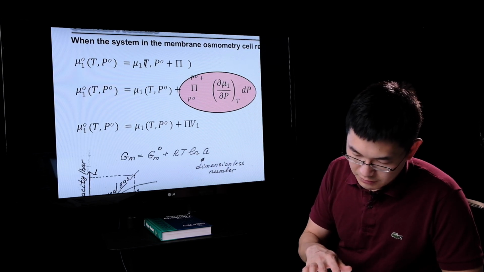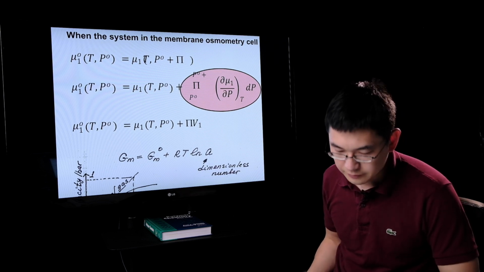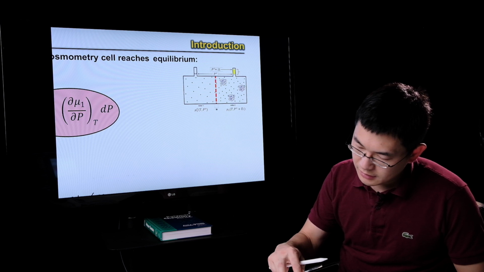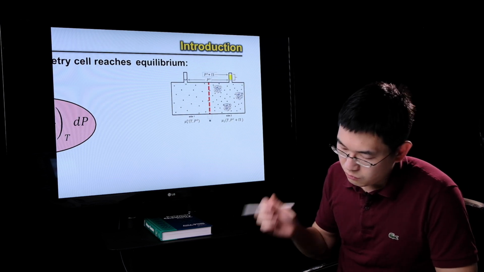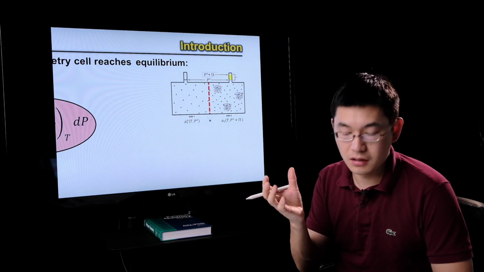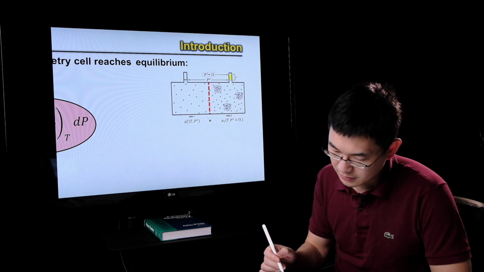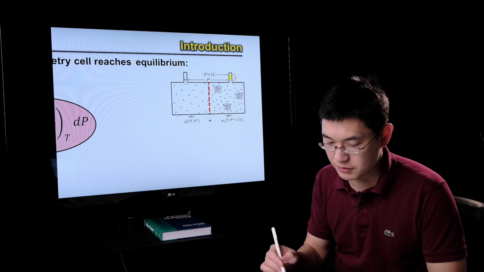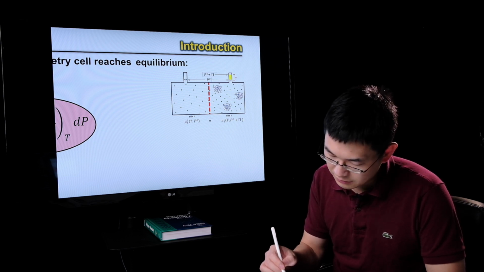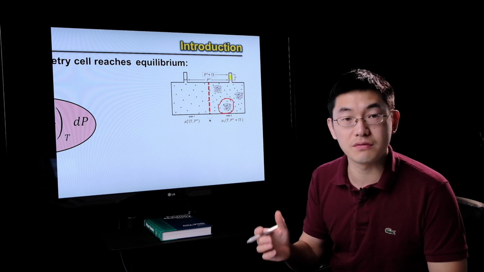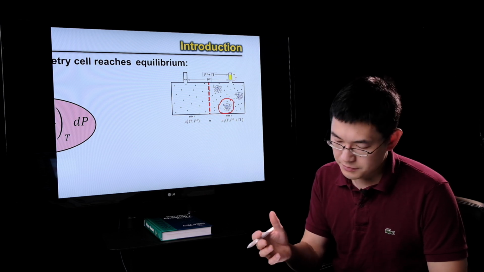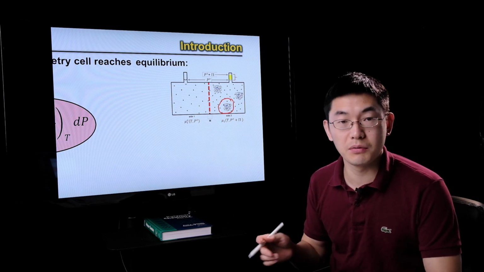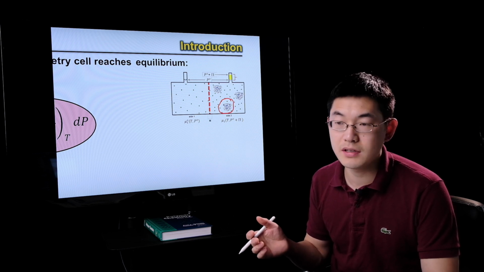I'm going to zoom in again. As we know, in terms of membrane, in terms of cell, what drives the chemical potential difference is how much delta G with respect to P on both sides. On the right side, we need to consider the presence of the polymer in the solution, but on the left, we don't. So we just need to think about the solvents.